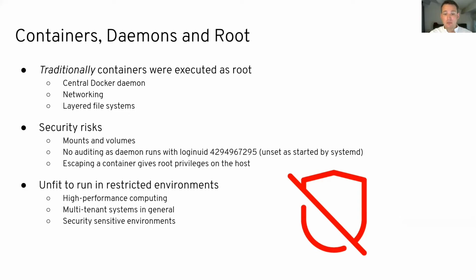Since Docker is started by systemd, the login UID of the Docker daemon will be the overflow ID, something with 42 million or even more. I don't wear my glasses at the moment because they reflect, but it's a huge number that means nothing in the end. So what we see in the audit logs is that a certain action has happened, but we do not see which user initiated or invoked it.